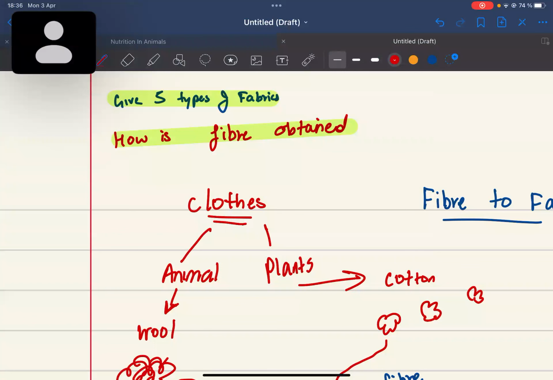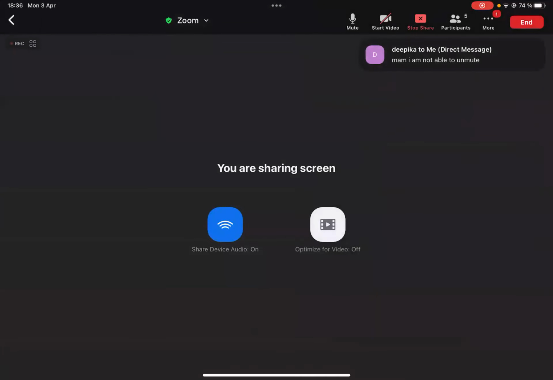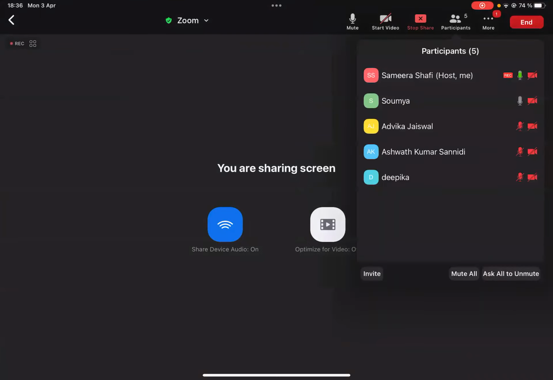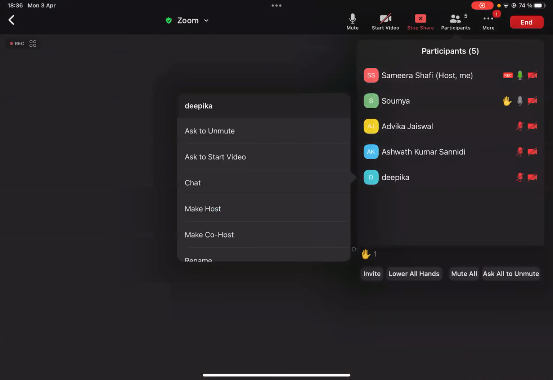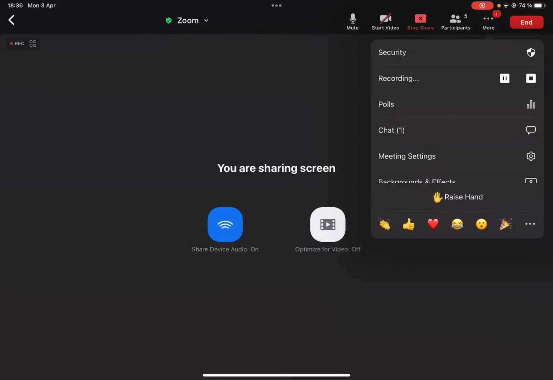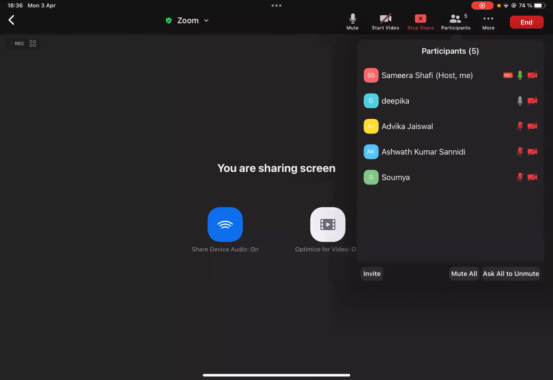Ma'am, I think they both have mic problems. Oh, okay, fine. Can you try now, Deepika? What about now? Are you able to unmute now?